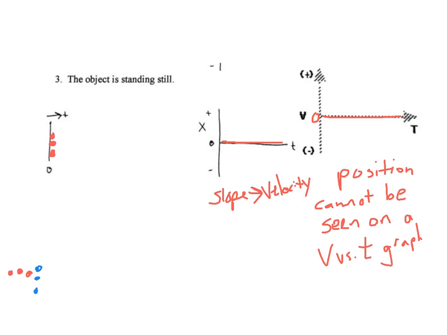Whatever words you use to describe the slope right here, the same words describe the velocity, because that's what it means. This slope is the velocity. And if you say that has zero slope, we're saying it has zero velocity. Slope of the xt graph is velocity. And position can't be found here. You do not see any position on this graph. This only tells you velocity. This one tells you position. This one tells you velocity.